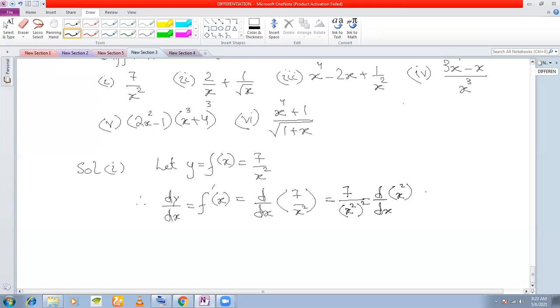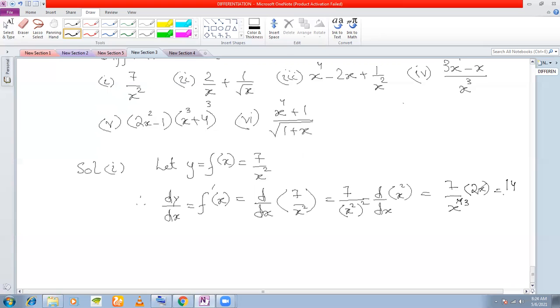So this should be 7 by x to the power of 4 into 2x. So 1 x will cancel here.